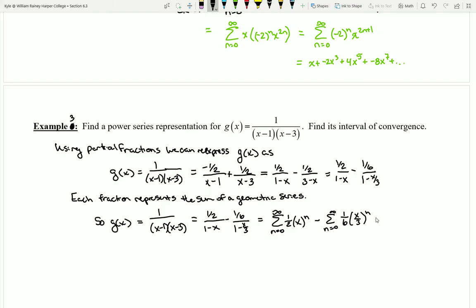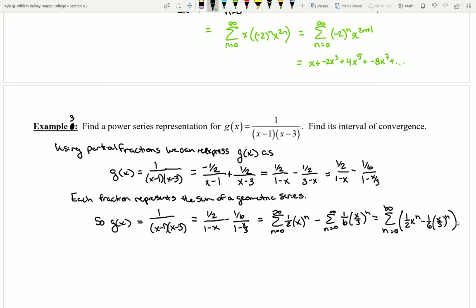These would be the two different geometric series. And since both of these geometric series will converge for certain values of x, we could combine these as one single series. So I can have a 1/2 x to the n minus a 1/6 x over 3 to the n, as one giant series.